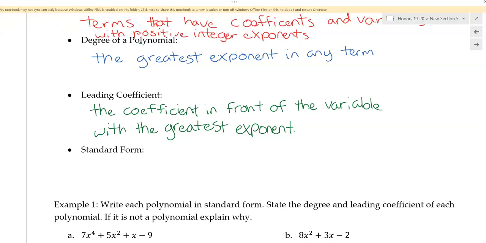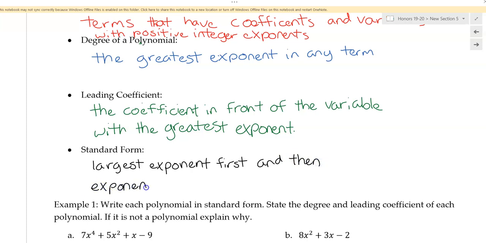So standard form is written largest exponent first, and then exponents in decreasing order. So largest exponent first, and then exponents in decreasing order.